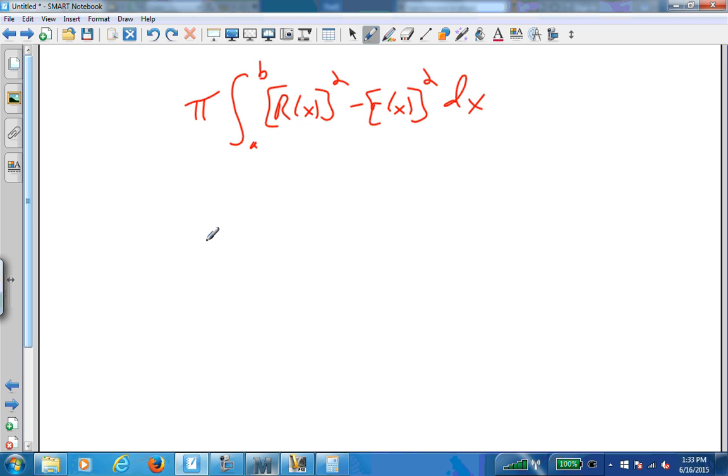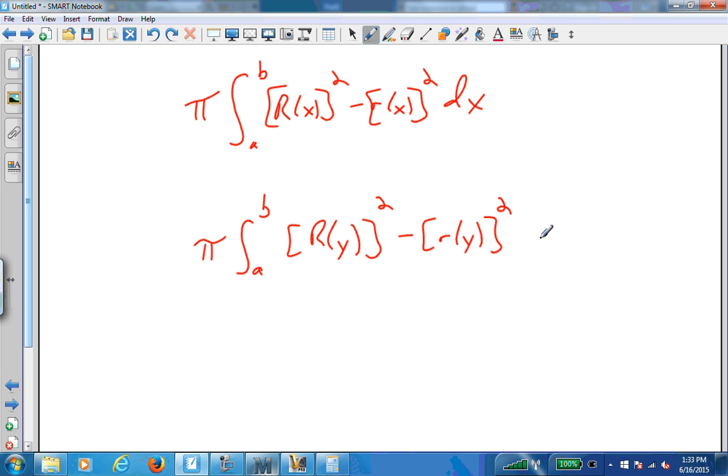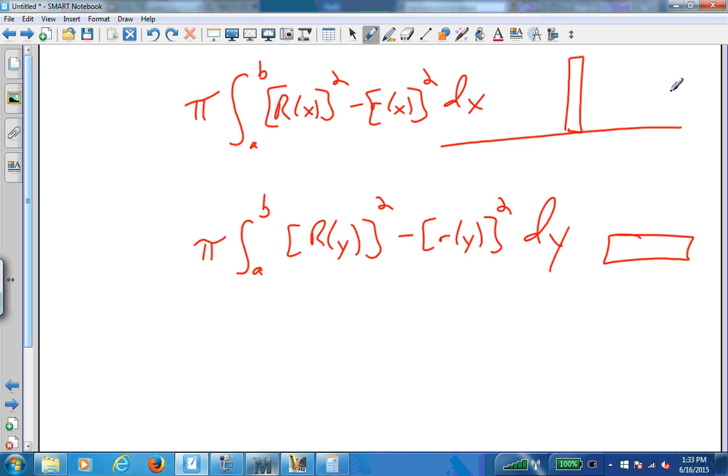If we have a dy element, pi from A to B, capital R of y squared minus little r of y squared dy. So this is with a vertical sample element. This was with the horizontal. And remember that for this disk method, the axis of rotation is perpendicular to your sample element.